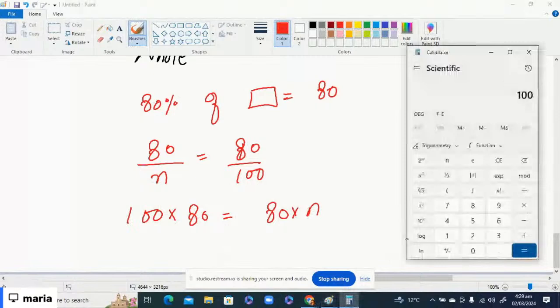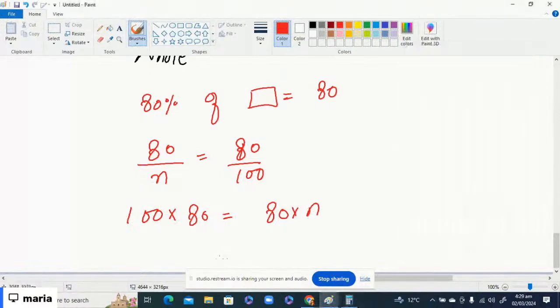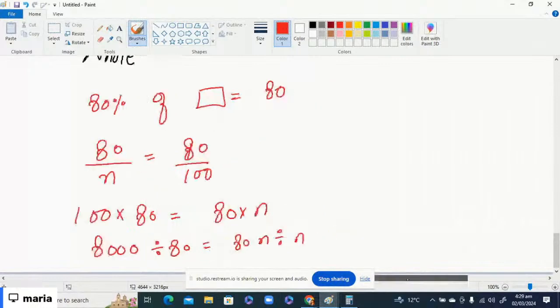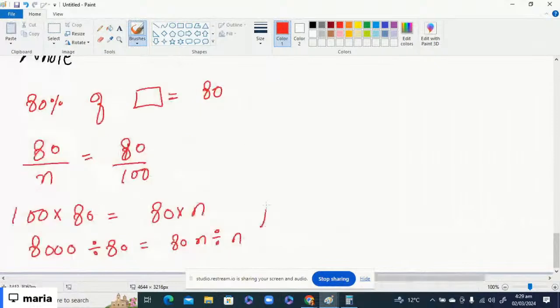Let's check. 100 times 80, that is 8000, and this becomes 80n, and so dividing on both sides with 80, 8000 divided by 80, which is equals to 80n over 80.